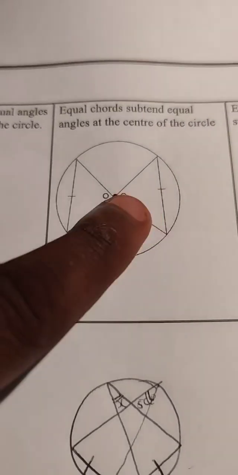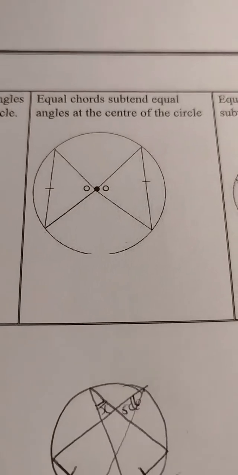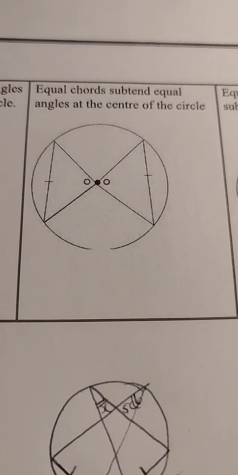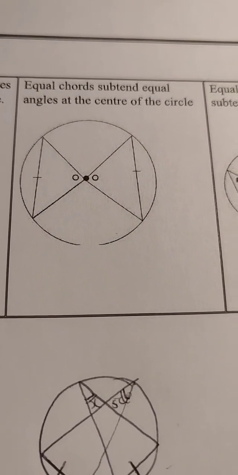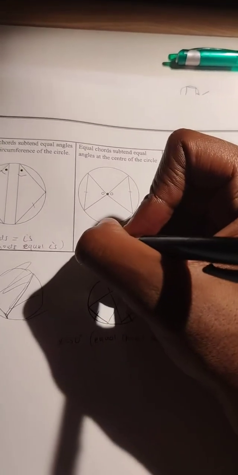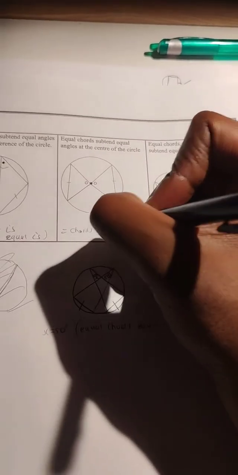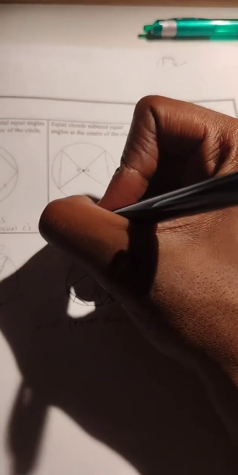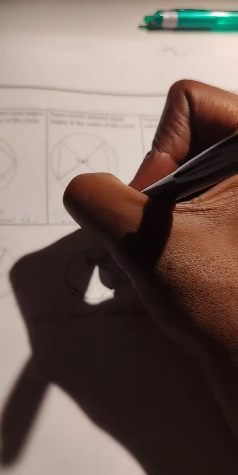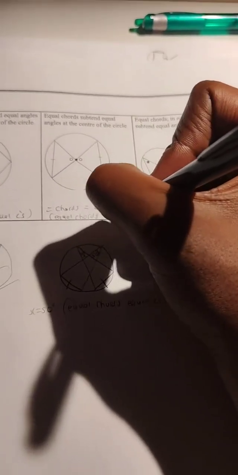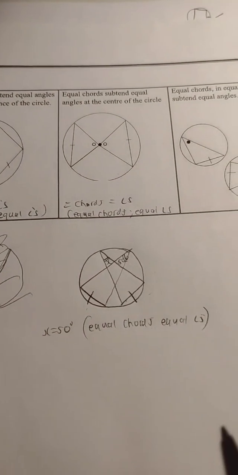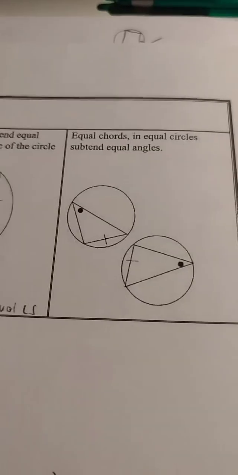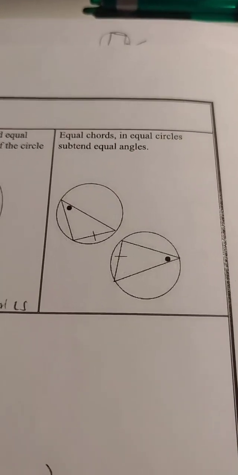No, we say that angle is equal to that one. Why? Because equal chords subtend equal angles at the center. So here we can also say equal chords, equal angles, or we can say, as in the word equal, chords equal angles.